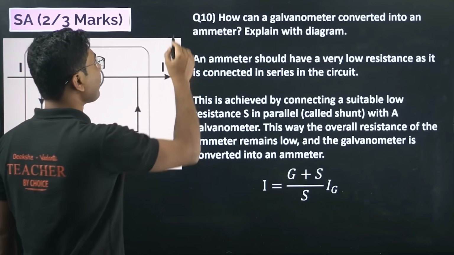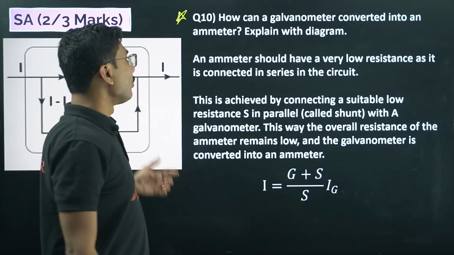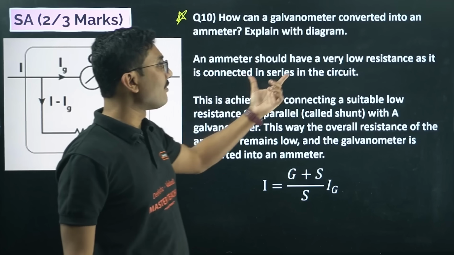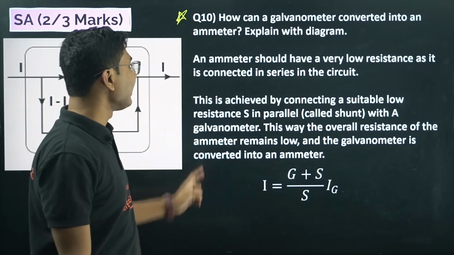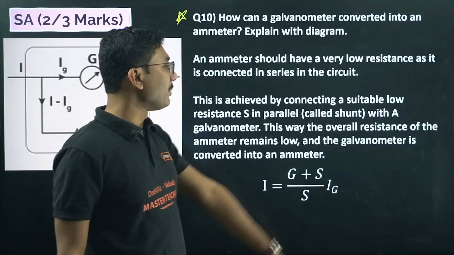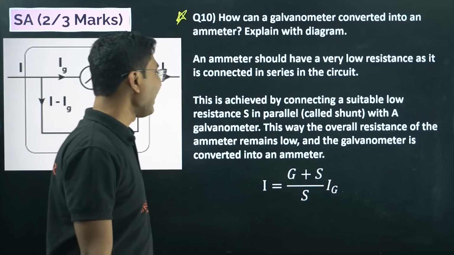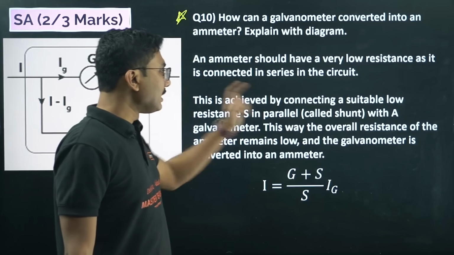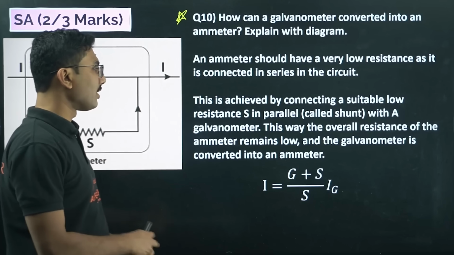Next, another important question: how can you convert a galvanometer into an ammeter? Explain with diagram. An ammeter should have a very low resistance as it is connected in series in the circuit. This is achieved by connecting a suitable low resistance S, called a shunt, in parallel with the galvanometer. This way, the overall resistance of the ammeter remains low and the galvanometer is converted into an ammeter.